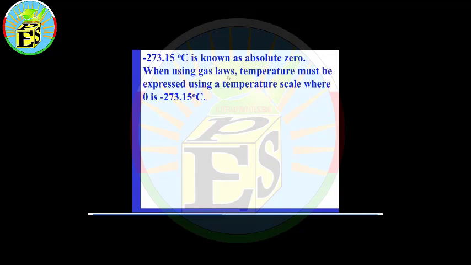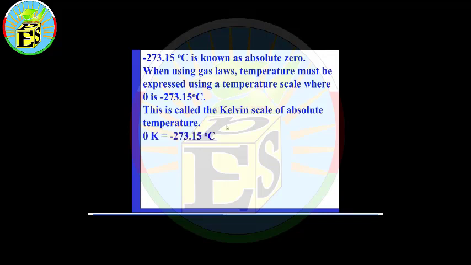When using gas laws, temperature must be expressed using a temperature scale where 0 is minus 273.15 Celsius. This is called the Kelvin scale of absolute temperature. In gas law, or any gas law problem, we must express temperatures in Kelvin.